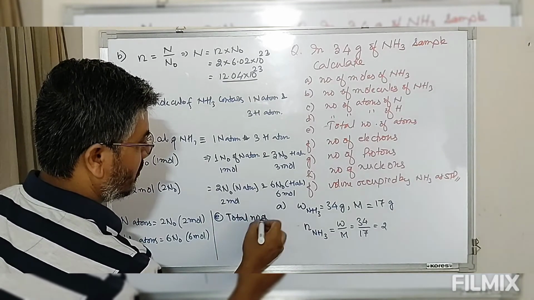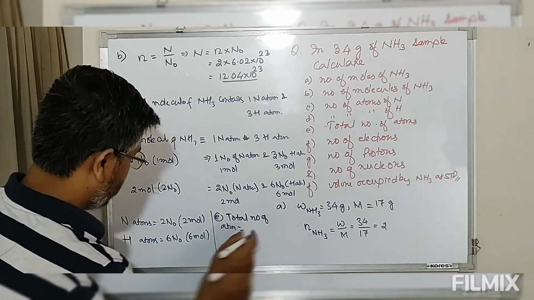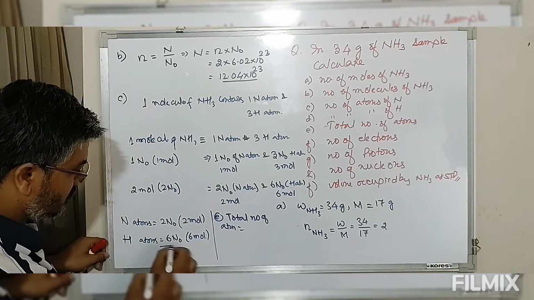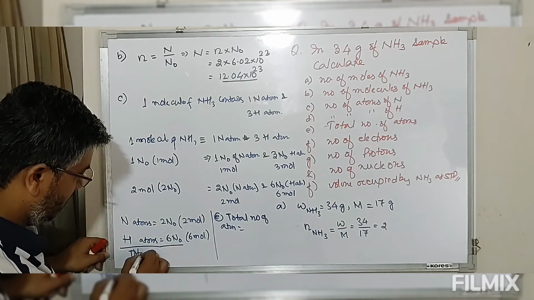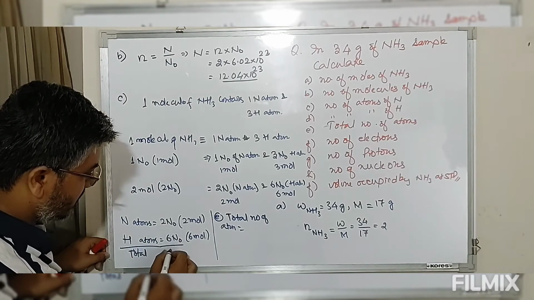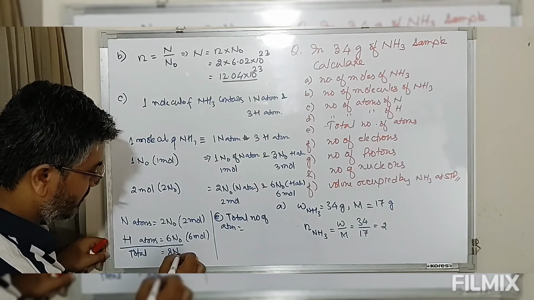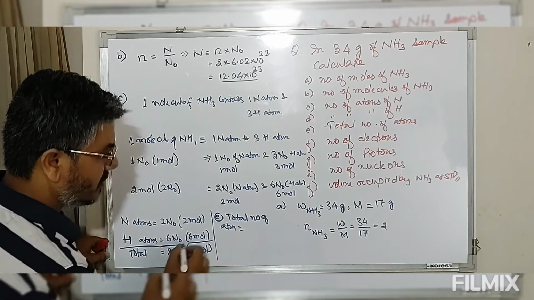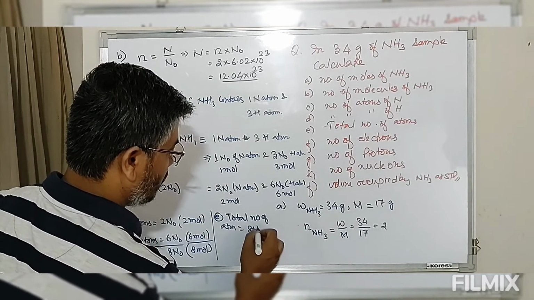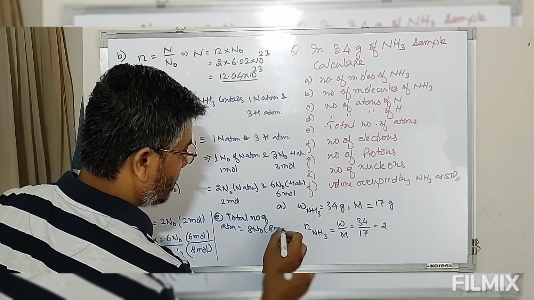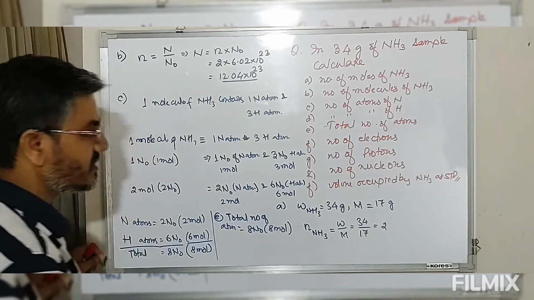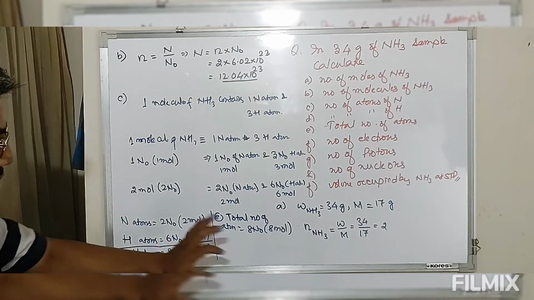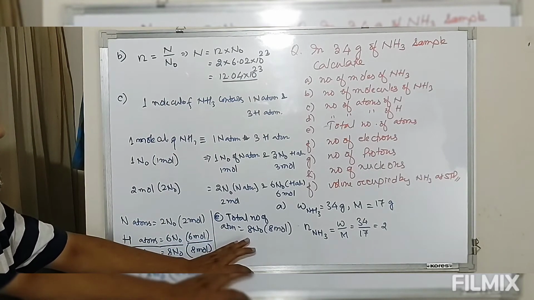Total number of atoms is equal to number of atoms of hydrogen plus number of atoms of nitrogen. So 6 plus 2 is 8, 8 times Avogadro number, or simply 8 moles. So 8 into Avogadro number, that is 8 moles of atoms, is present. This is the total number of atoms of nitrogen and hydrogen.